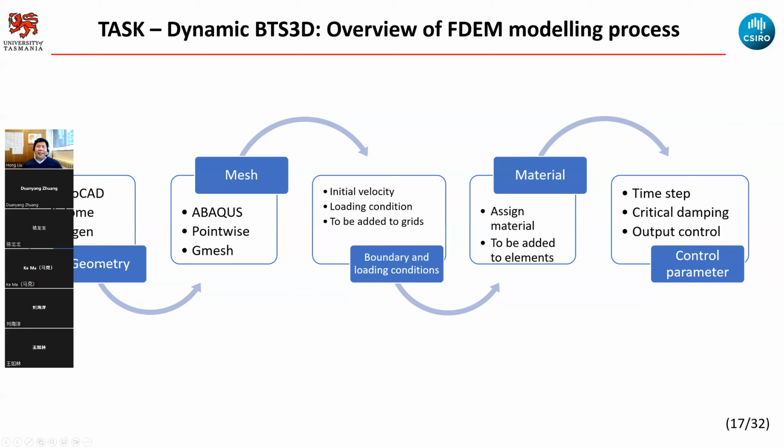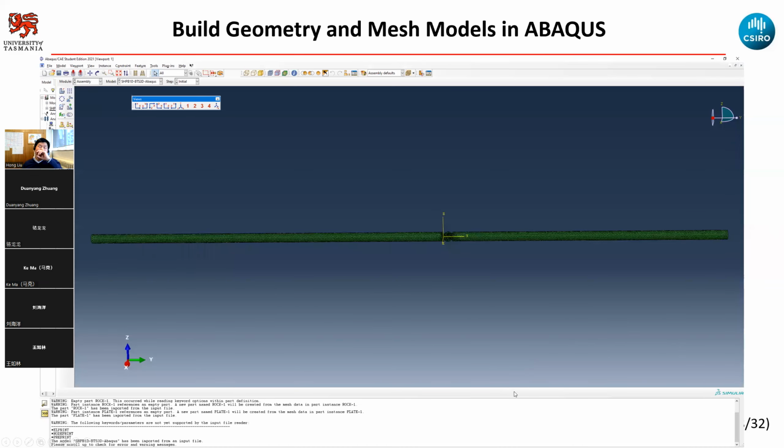Okay, for building the geometry, the mesh model, the boundary condition, and the material, I will quickly go through. So the first step is to build the geometric model and the mesh model, as I mentioned before. Our software will focus on the calculation. We do not do the pre-processor or the post-processor.